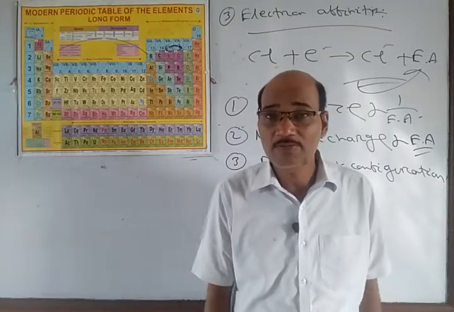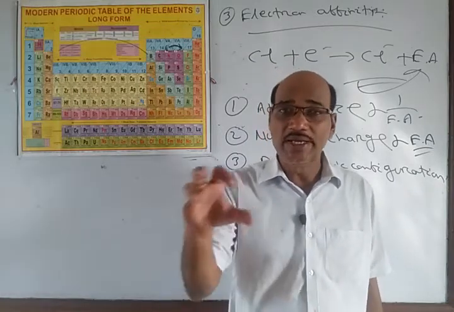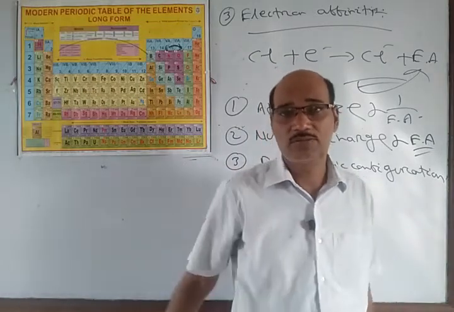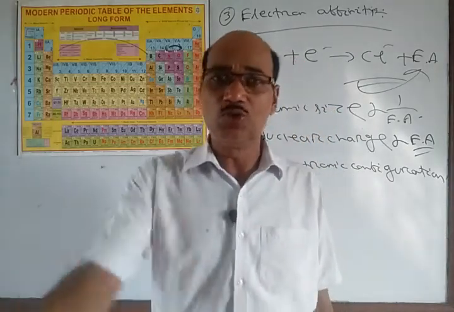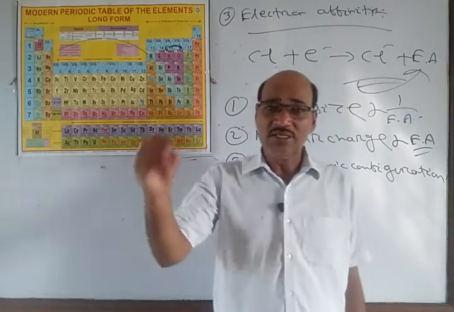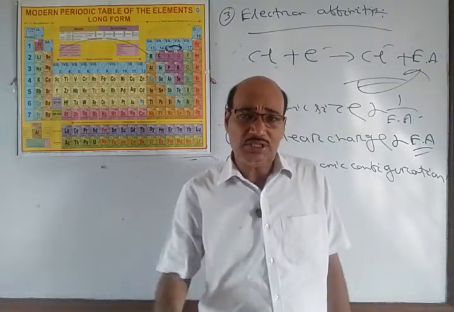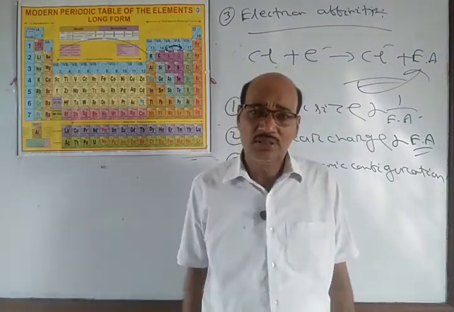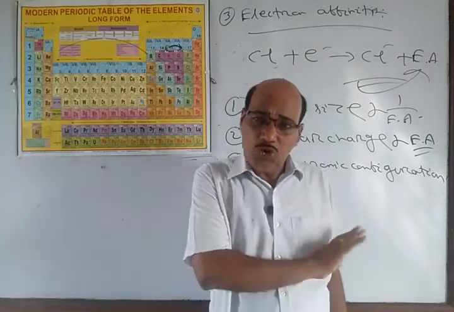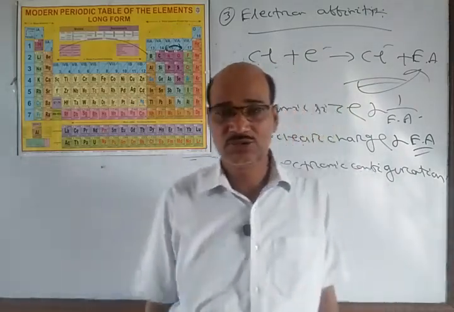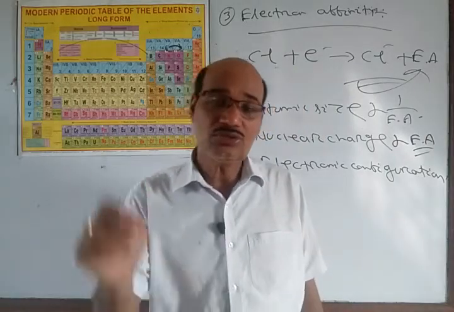So what will happen? The electron affinity will be less. It is 0. If the electronic configuration is completely stable, it will not take any electron. That means there is no release of energy, so electron affinity will be almost 0.